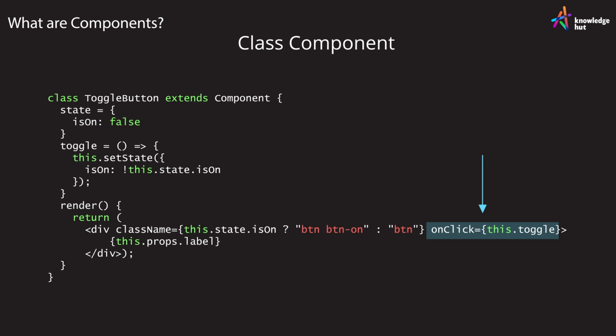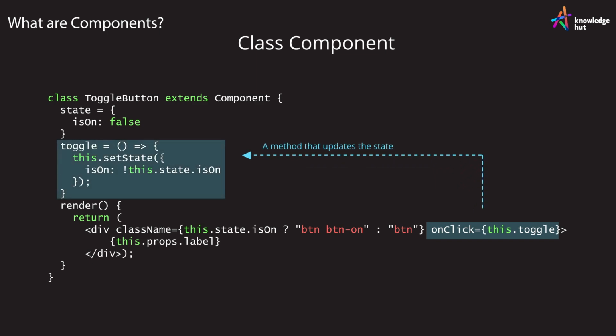Such event listeners can then be used to trigger methods. A method is simply a function that is private to a component and can be used for all sorts of things, from manipulating state to side effects such as fetching data from an API. Methods are optional and may not be needed in all cases.